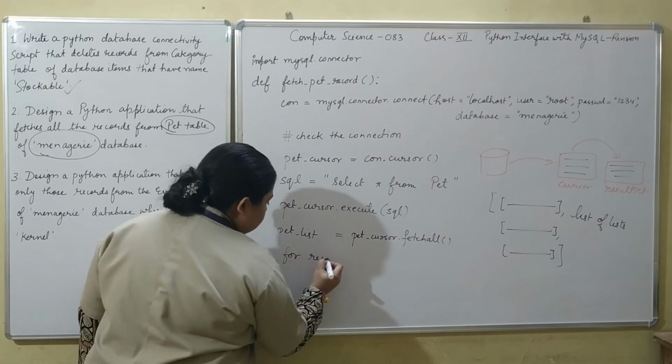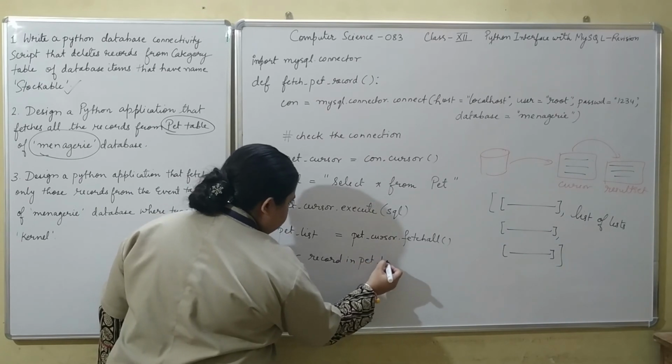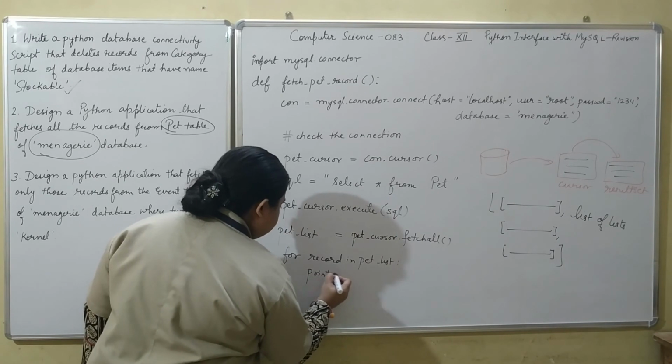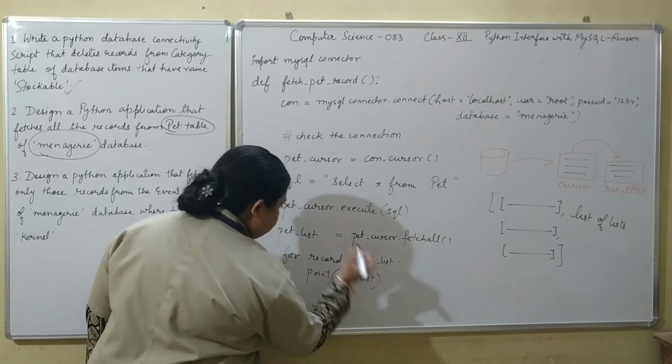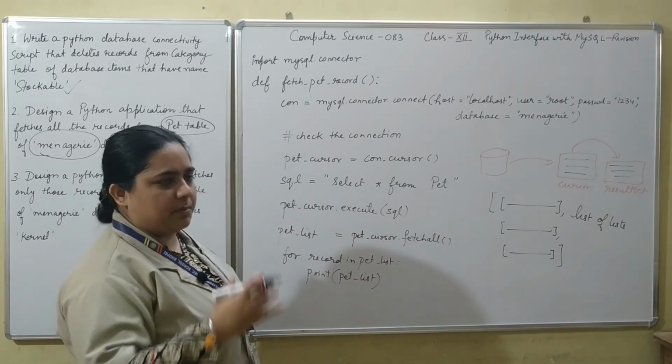For record in pet list, print record. So this will print all the records in the form of lists.